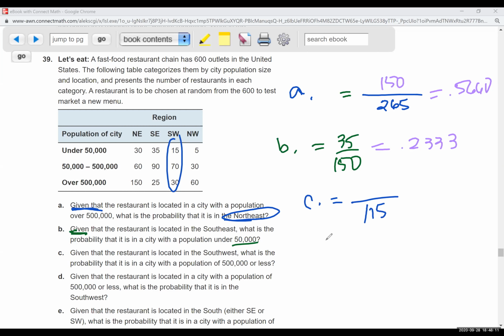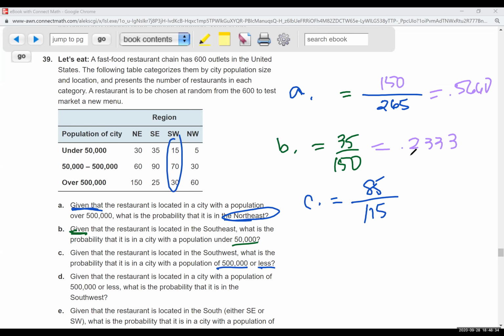And then the question is, what is the probability that it's in a city with a population of 500,000 or less? 500,000 or less, so 15 plus 70, which is 85.